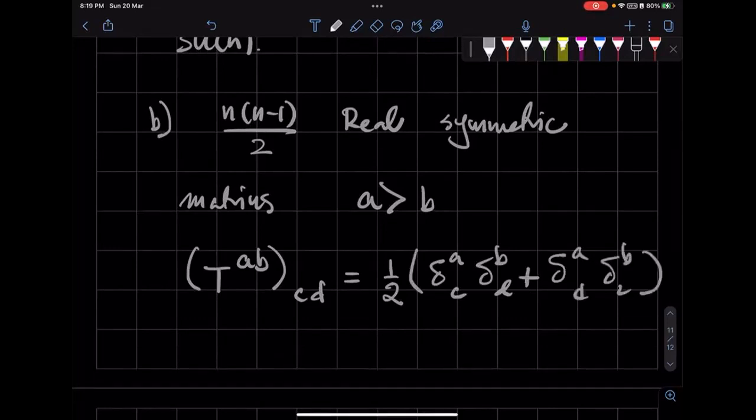It should be clear that this is a symmetric matrix, right? And also that it is traceless. Okay? And because A is greater than B, the number of matrices is n times (n-1) by 2. Is this clear how the counting works, or I can show it as well?